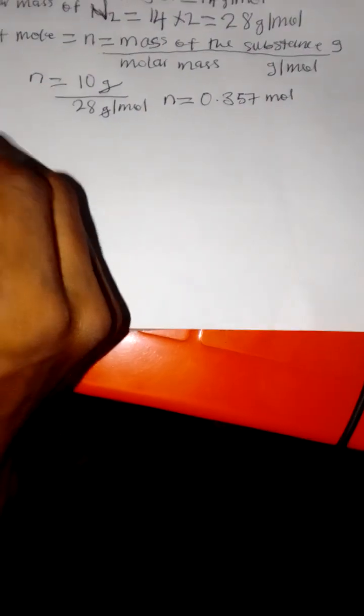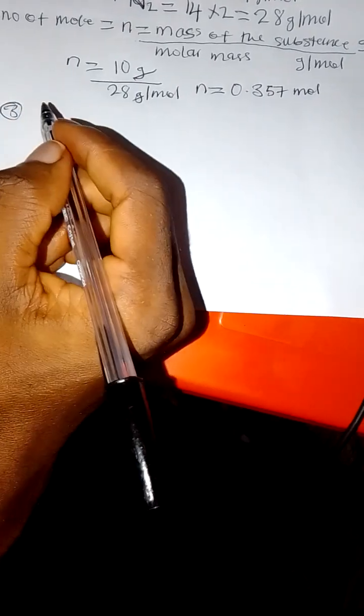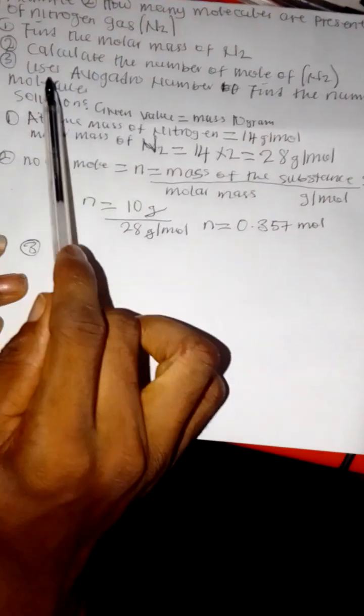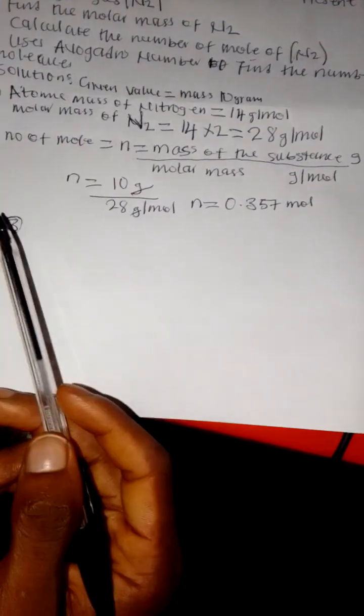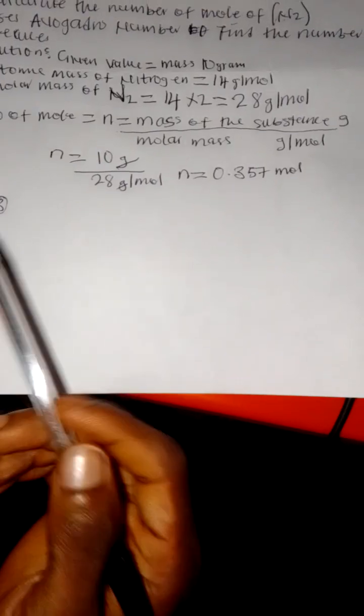So we have to calculate the final question, which is number 3. Number 3 says, use Avogadro's number to find the number of molecules. First thing you need to understand is that molecules is different from moles. So you need to know the formula you will use in calculating the number of molecules and the number of moles.